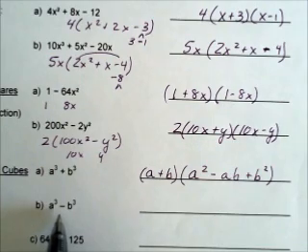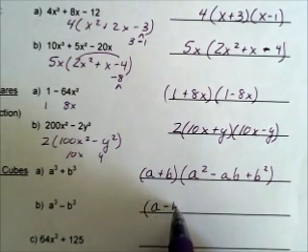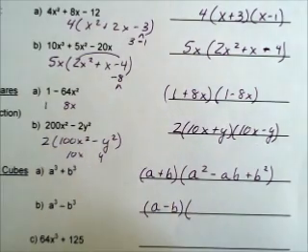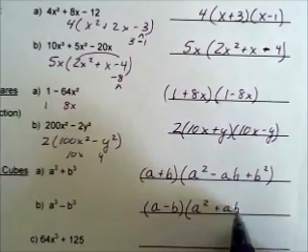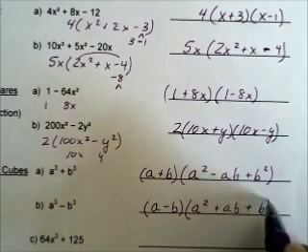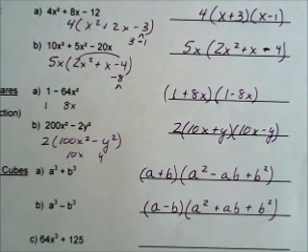If it's a difference of two cubes, the binomial is subtraction, it's a minus b, and the trinomial is plus plus. So it's a squared plus ab plus b squared. So just remember to keep the operations, the signs, correct here.